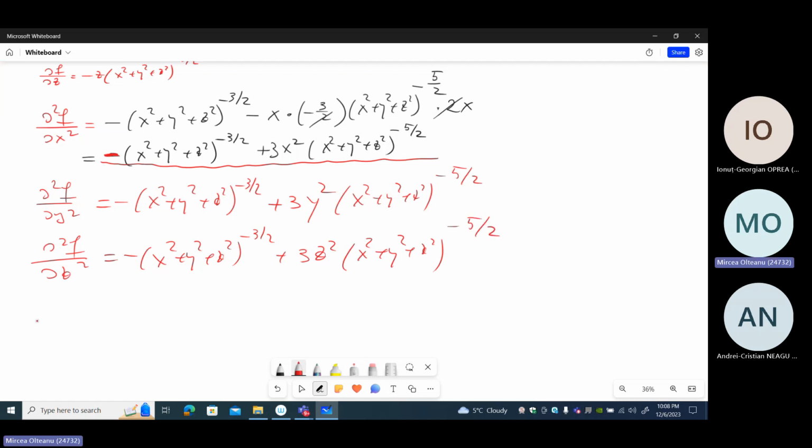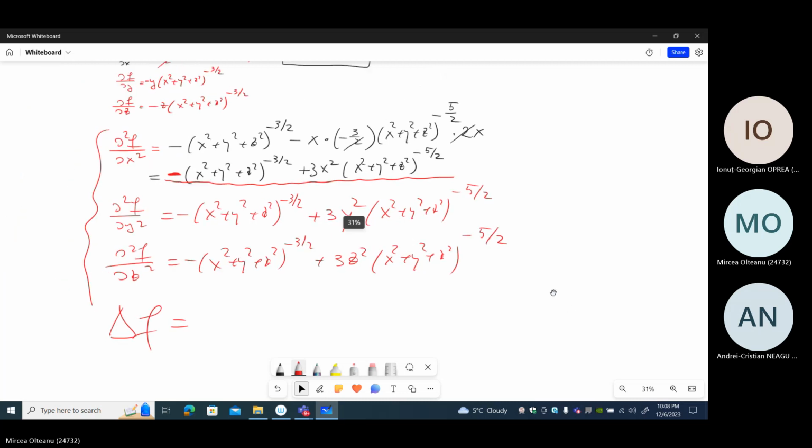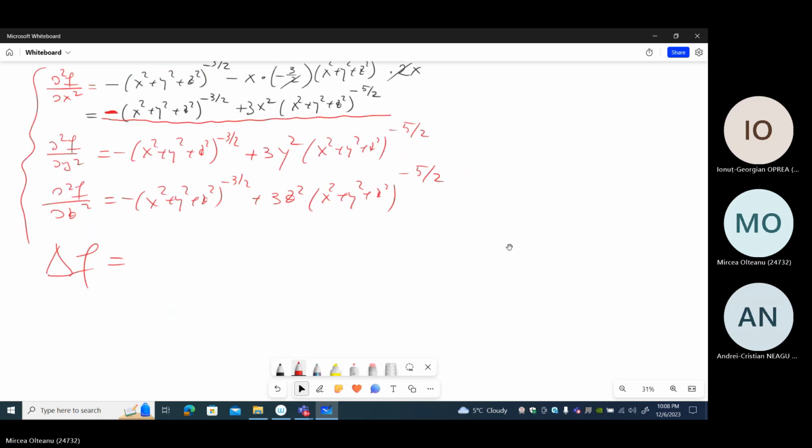And now the Laplacian of f will be the sum of these three expressions. Please make the sum.